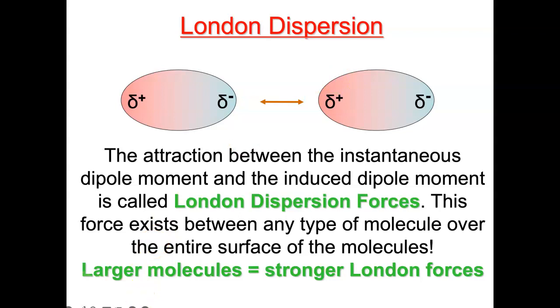So once you figure out if a molecule is polar, then you could figure out that it would be London dispersion. Now, for a larger molecule, we're going to have stronger forces, and that's because there's a greater space for the electrons to move to one end. So imagine this molecule was this big, and that plus sign is way over here, right? So there would be more opportunity for those electrons.